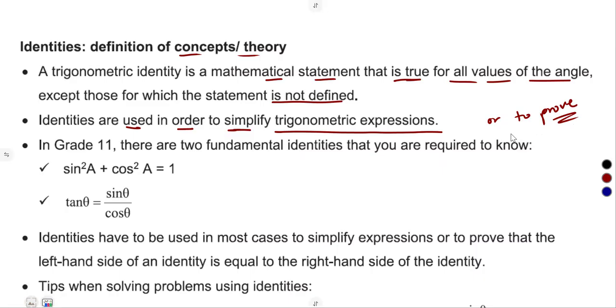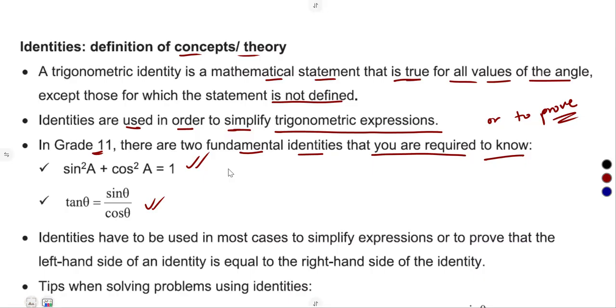So in your grade 11, as a previous stage, there are two fundamental identities that you are required to know. The first one being our Pythagorean identity, the one that we discussed before, and also this tan being equal to sine over cos.